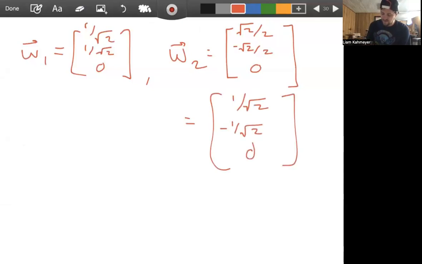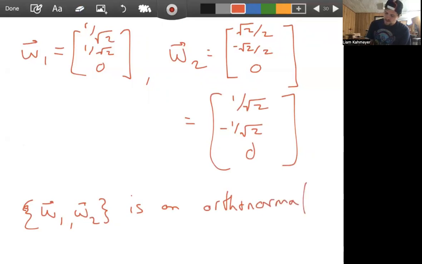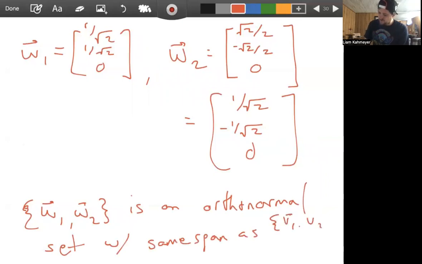And then we have that this collection, W1, W2, is an orthonormal set with the same span as V1 and V2 for sure, because we just scaled V1 and V2 to get these, but also the original U1, U2.